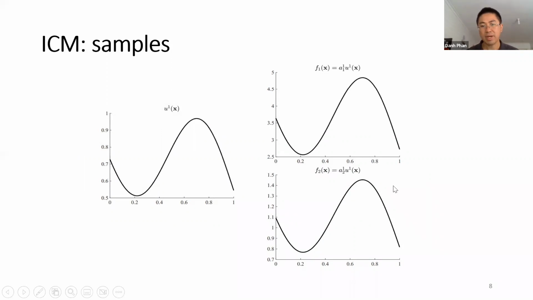You can see that the pattern here is similar, but the scale is different, because maybe here the scale is 0 to 1, and the scale here is 0 to 5. So A11 here is 5, right? It changes the scale of the data, but the pattern is still the same. Same here for F2, and the scale is just a little different.